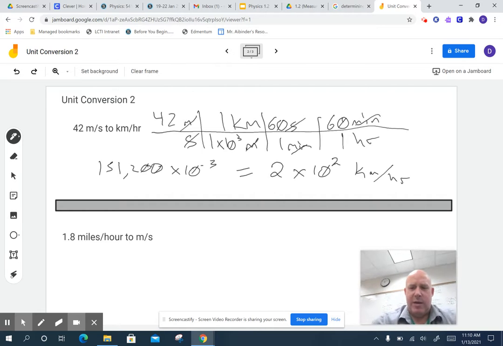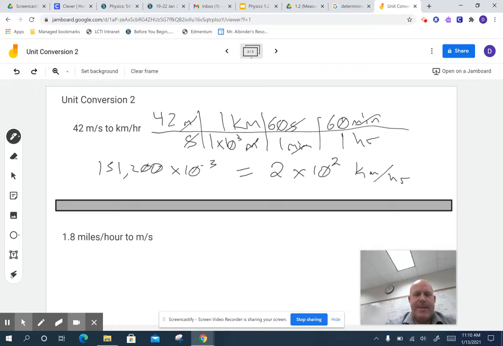And then how did I do the rounding? Well, I've got two significant digits here, but here and here I've only got 1. Now we're going to talk about sig figs later. We'll get there. But so this can only have 1 significant digit. Well, you got 1.5, that rounds up to 2.